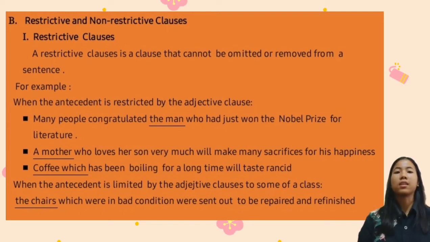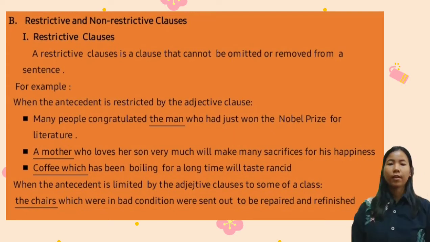If this clause is omitted, the important meaning of the sentence may change or become ambiguous. The restrictive clause does not use commas. Restrictive clauses use the words that and which. First, when the antecedent is restricted by the adjective clause.